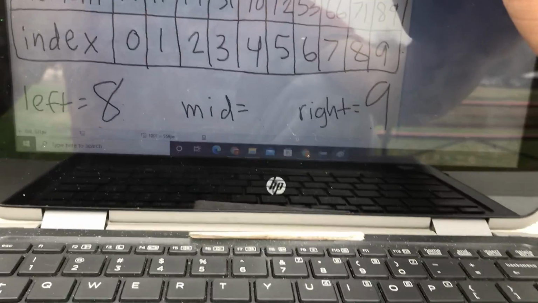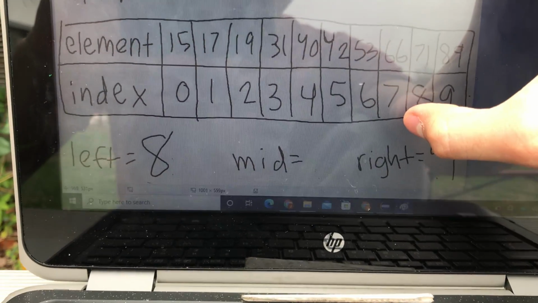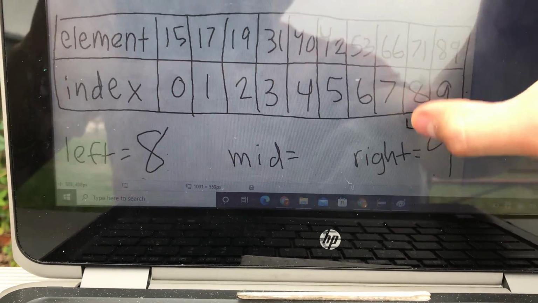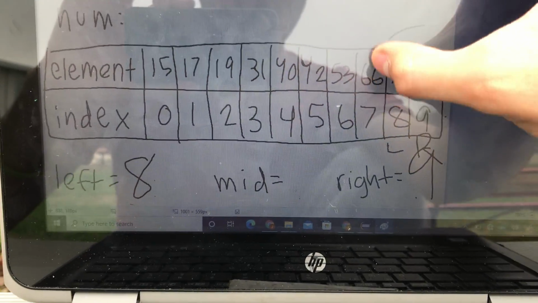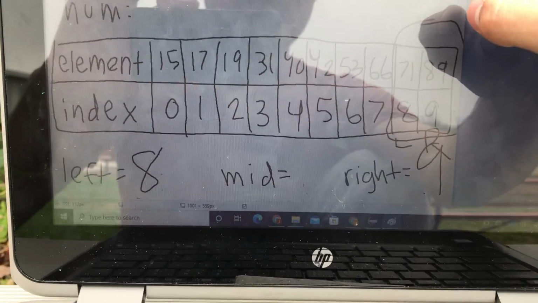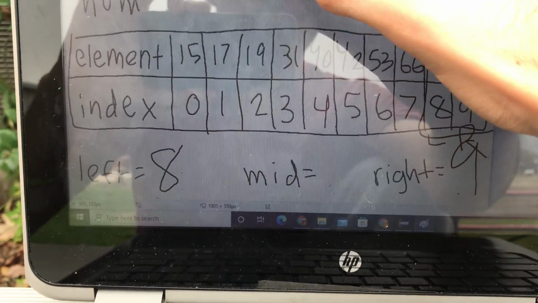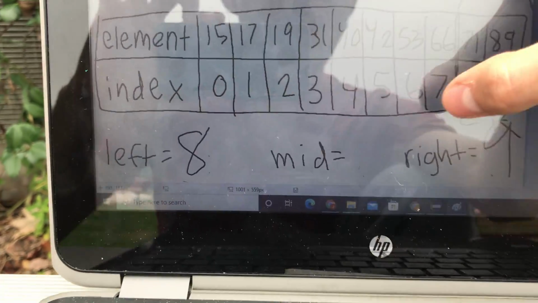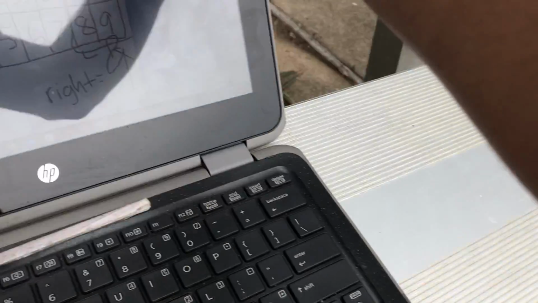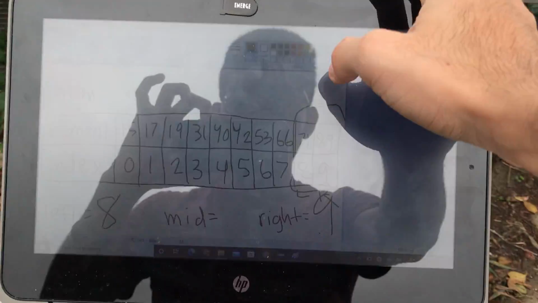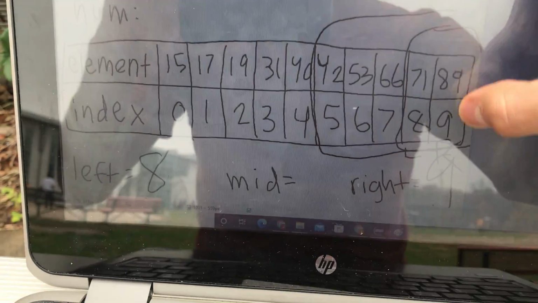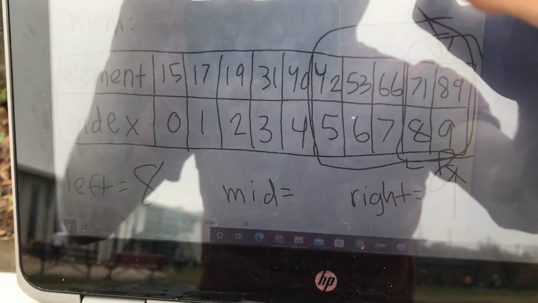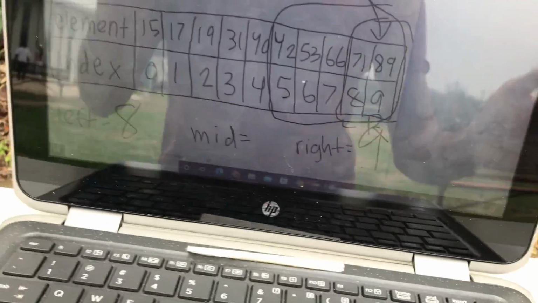But notice now, our left is at 8 and our right is right here at 9. Notice how now we're only encompassing this half, which is half of the initial half we had, right? We went from being concerned about these to now this smaller half of it.